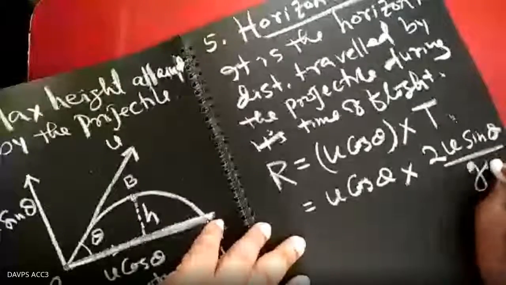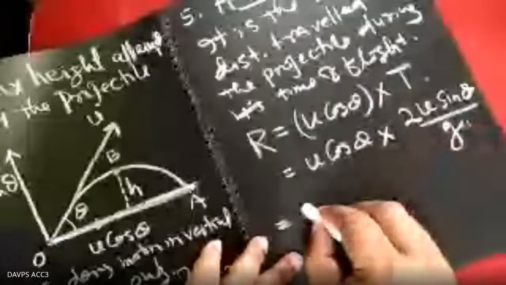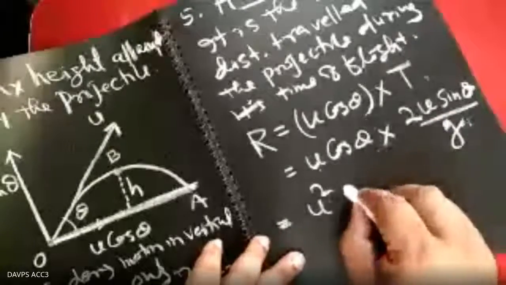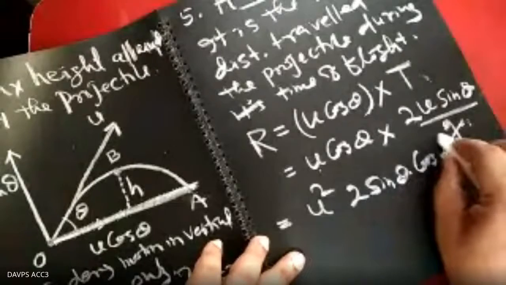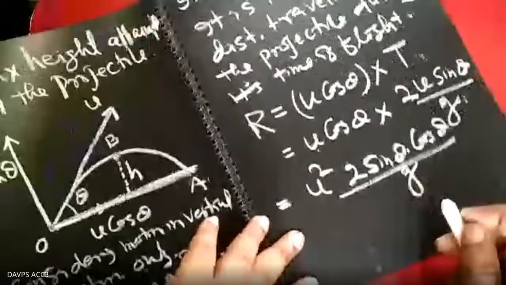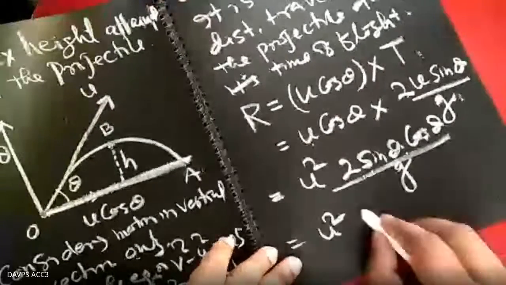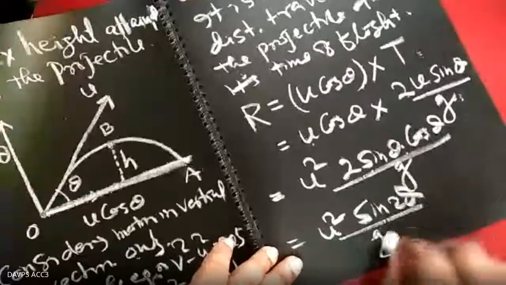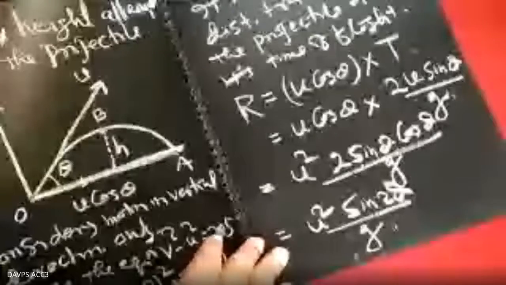So this is u square, 2 sin theta cos theta upon g, and 2 sin theta cos theta is equal to sin 2 theta. So R equals u square sin 2 theta upon g. This is the horizontal range traveled by the projectile.